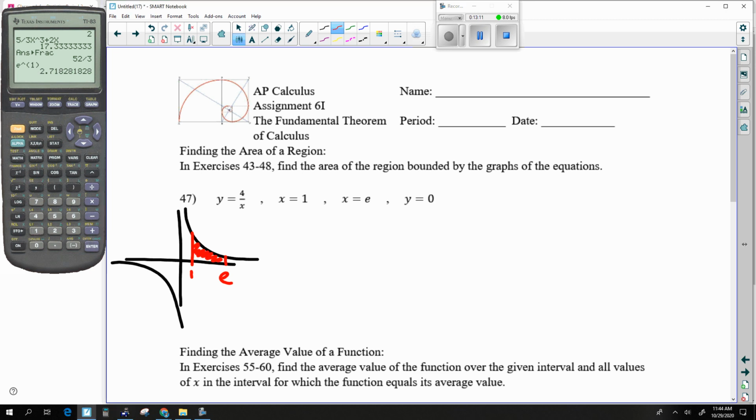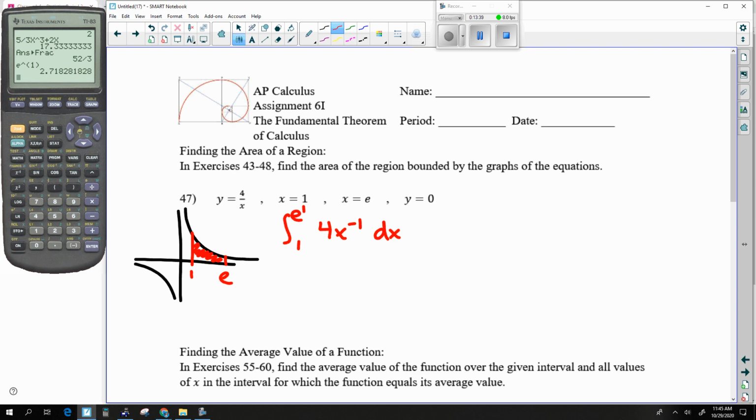So we are looking for this area right here. And again, a y of 0, so that cuts. All right, so this is going to be the integral from 1 to e of 4 over x. Oh, okay, I didn't know why this is on the problem.